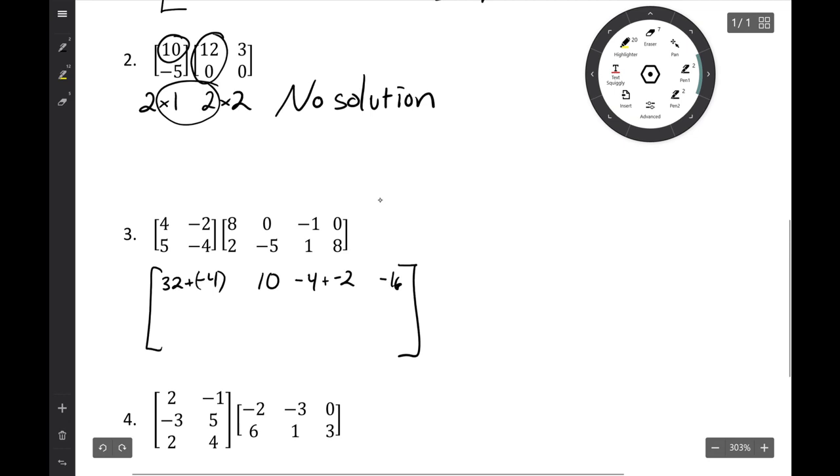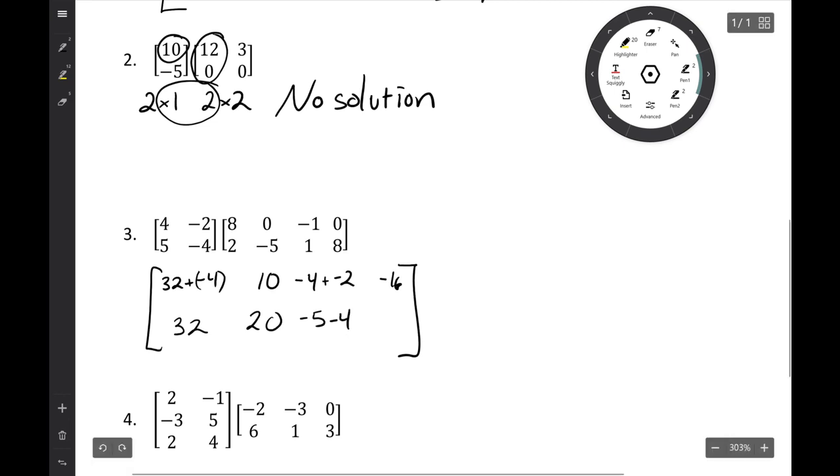5 times 8 is 40. 40 plus -8 is 32. 5 times 0 is 0. Get 20 right here. 5 times -1 is -5. -4 times 1 is -4.